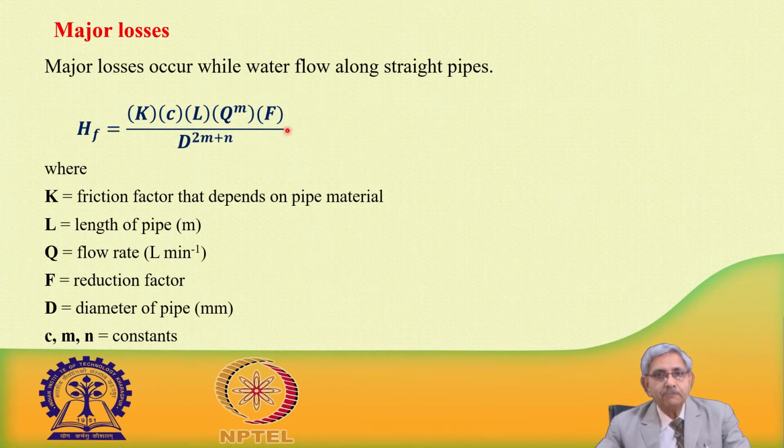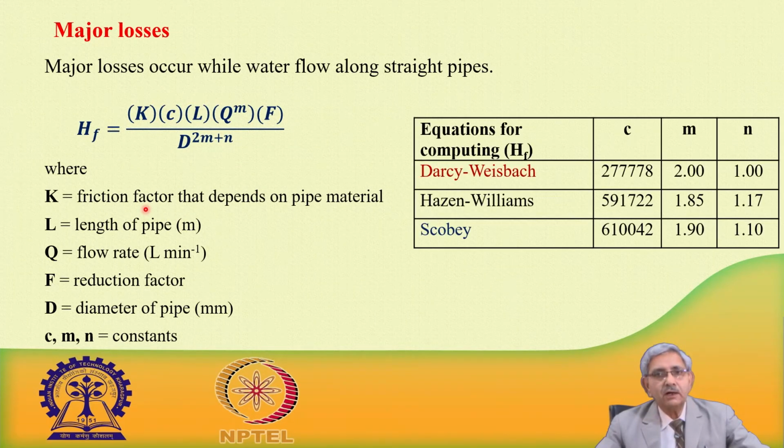Q refers to the discharge or flow rate in the pipeline, F refers to the reduction factor, which we will discuss, and D refers to the diameter of the pipeline. These components are estimated or given; K is a constant that depends on the particular type of unit or equation which we are using.